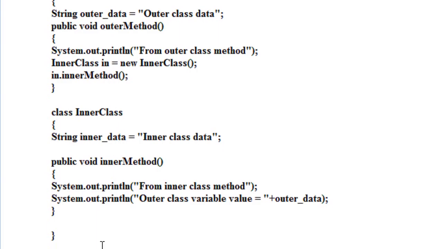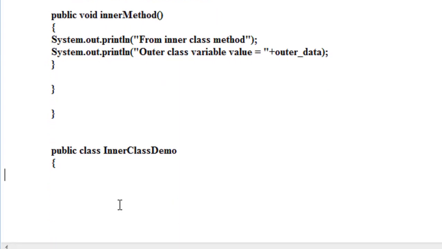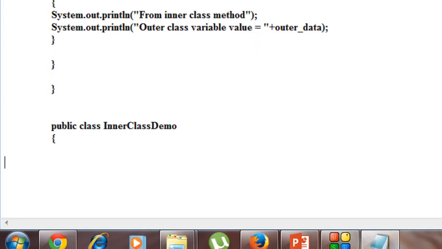Okay, now I'm going to create the main class here. Public class inner class demo. Here is the main method. Here is the command line argument.